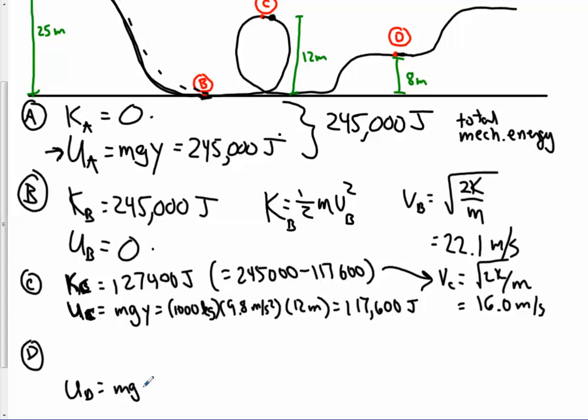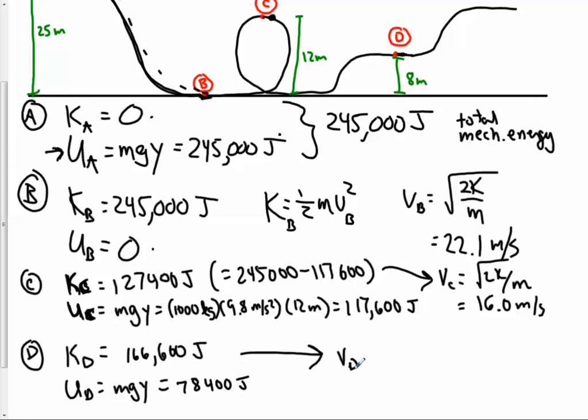So instead of a 12, we put in an 8, and we find the potential energy is 78,400 joules, which means the kinetic energy at that point must be 245,000 joules minus that, or 166,600 joules, which we can translate into a speed, and we get 18.3 meters per second. It's going faster there because it's lower down, so more of the energy can be used for speed, for kinetic energy.